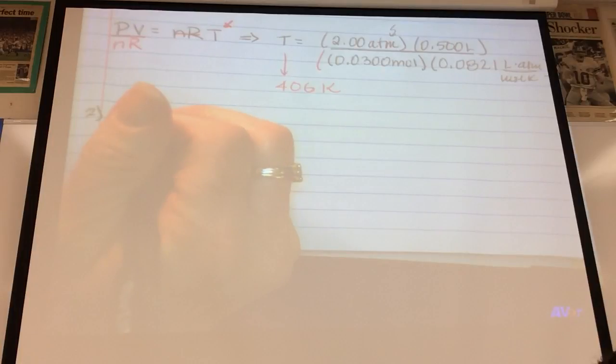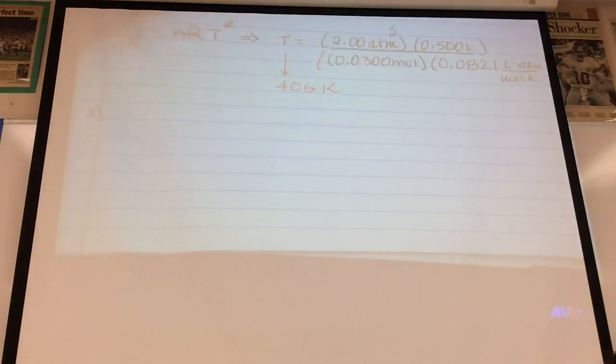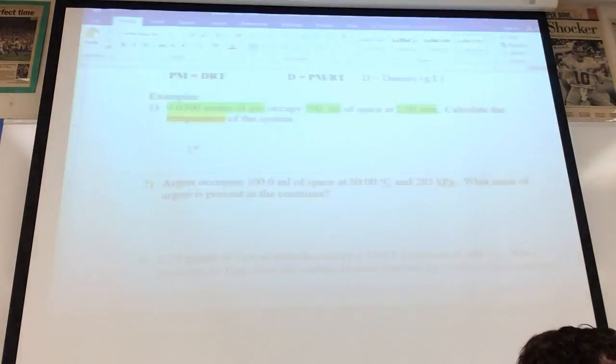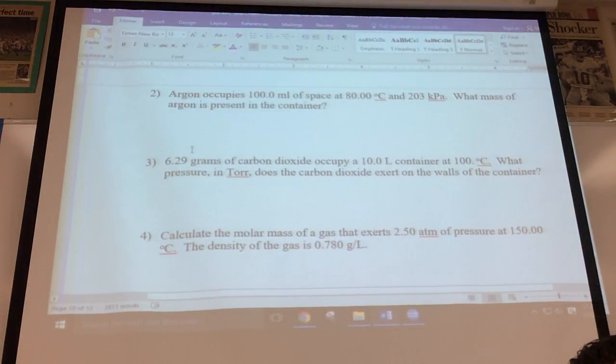It's at the top of the screen. 100 milliliters, which you actually convert to liters, is the volume. Okay, so 100 mils would be 0.1000 liters. Then what? Convert 80 degrees Celsius to Kelvin, and now the temperature. 353.15 Kelvin is what T is equal to.